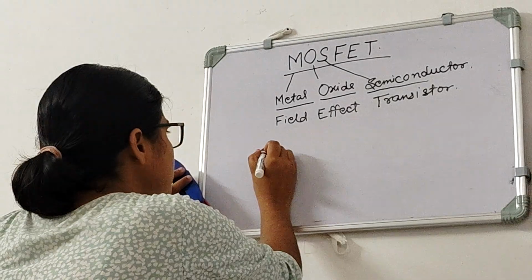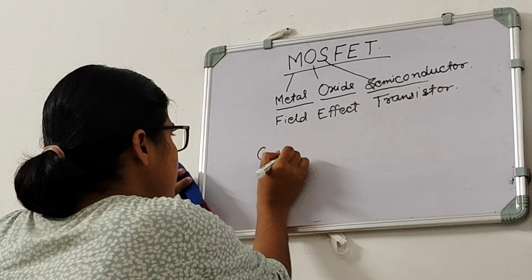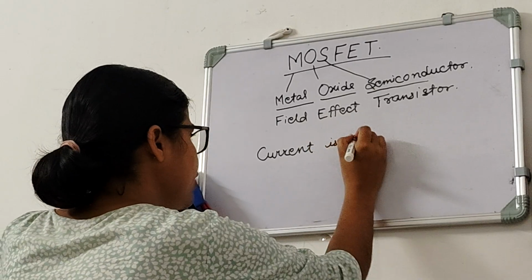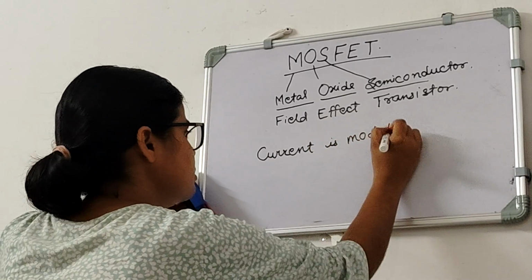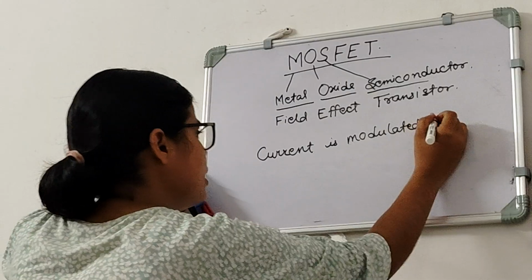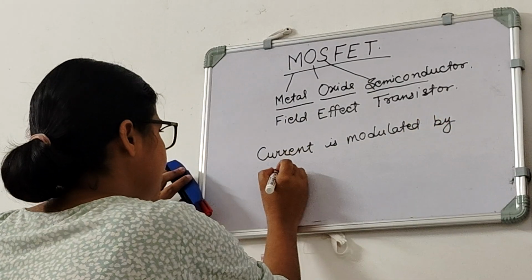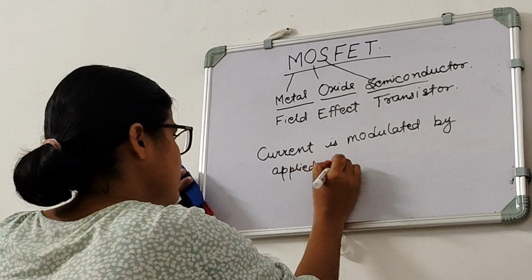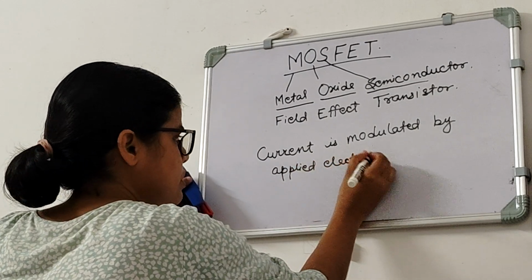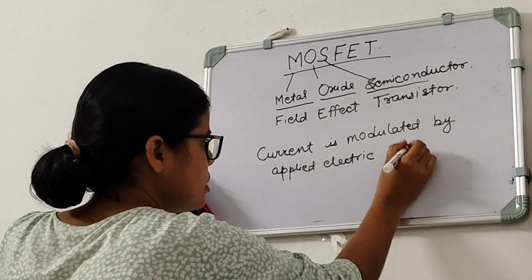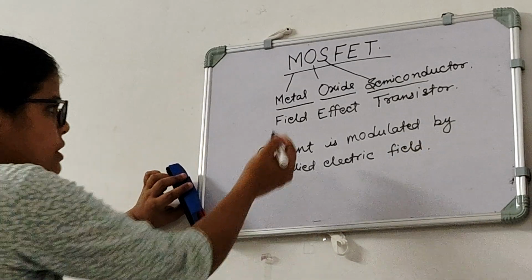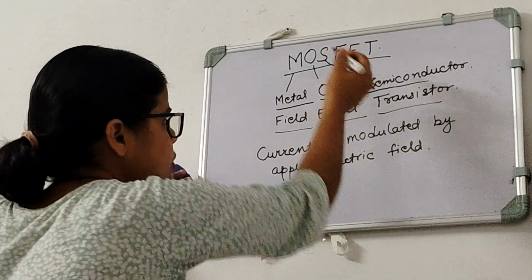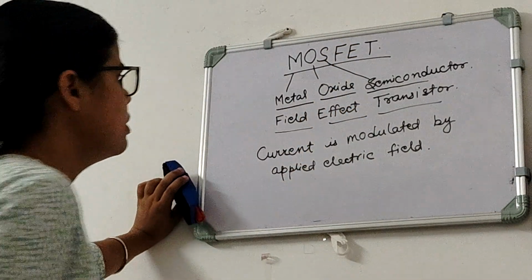Because the current in MOSFET is modulated by applied electric field. So this is the reason why we call it field effect transistor.